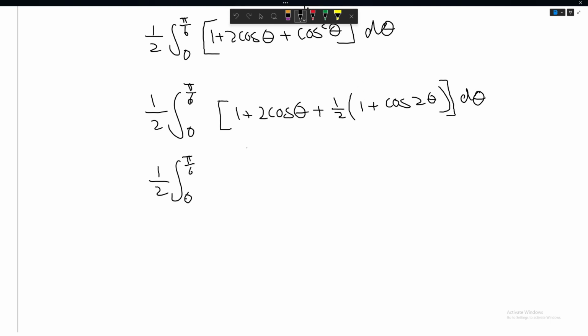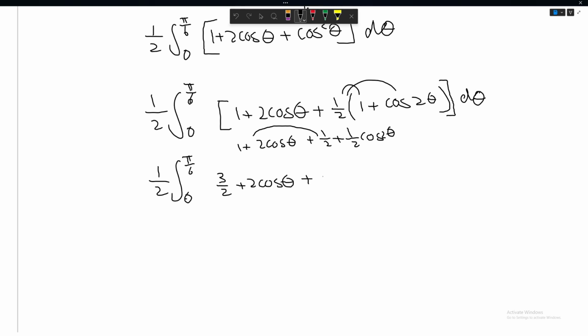When I expand this, what I'll get is 1 plus 2 cos theta plus 1 half plus 1 half cos 2 theta. So I just expanded this, and what will happen is these two add, and what we'll get is 3 over 2 plus 1 over 2 cos 2 theta.